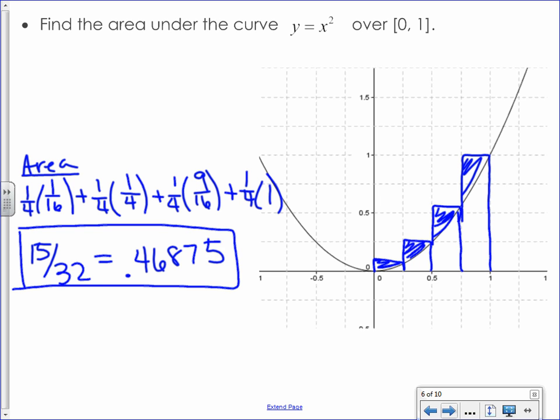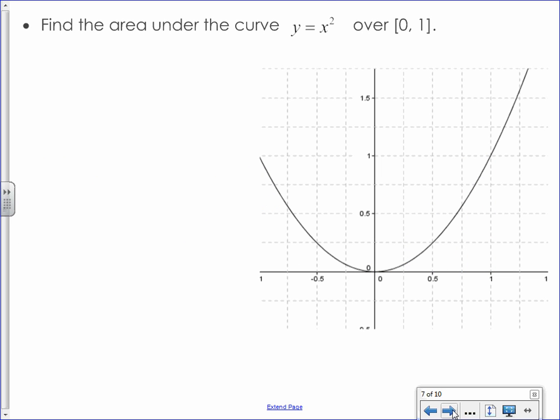Oh, now let's try midpoints. Why are you dreading midpoints? Not ready. That's not fun. It sounds fun. Okay. Our rectangles are 1/4 in length and width, right? So for this first rectangle from 0 to 1/4, we're going to get our height from the middle.